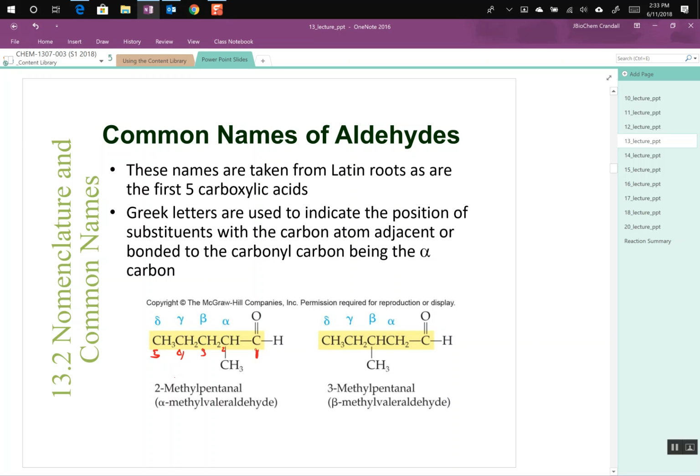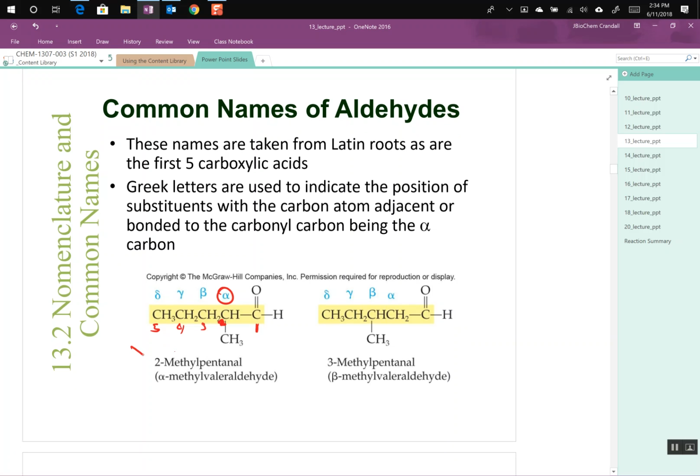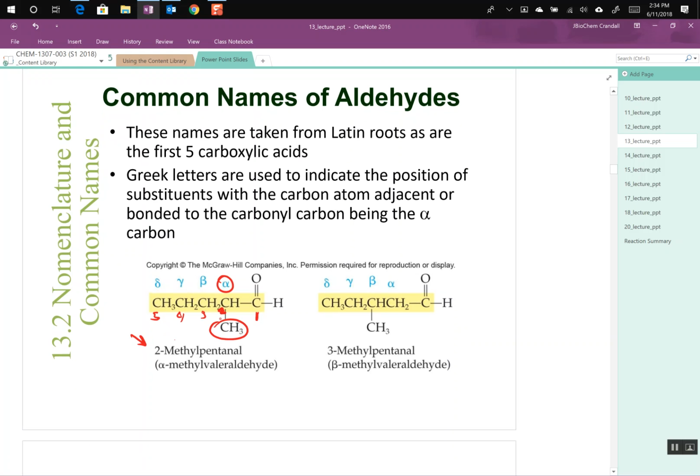But that's not true, because the alpha, beta, gamma system is coming from what is the first carbon after the carbonyl. What is the alpha carbon to the carbonyl? So here, carbon 2 is always the alpha carbon. And then you start from there. Alpha, beta, gamma, delta. So here, if I was going to name it by IUPAC, I would say 2-methylpentanal.